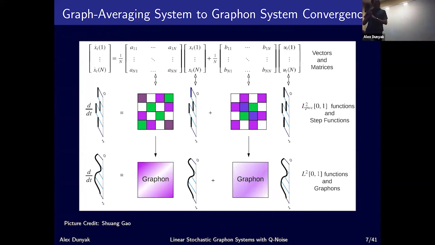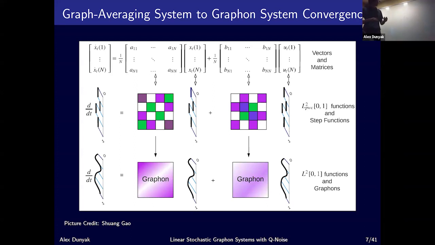So the general approach we're going to use for this control is to take the finite graph system here in the middle. For the finite graph system on the top, we're going to map it to the piecewise constant functions on the unit interval and unit square.